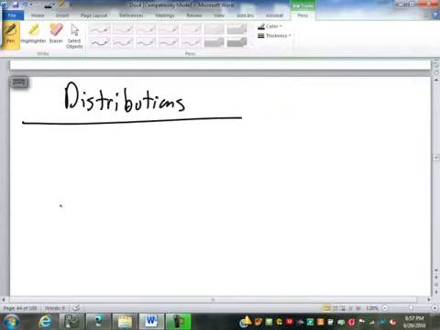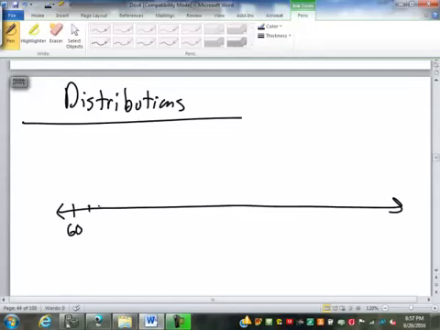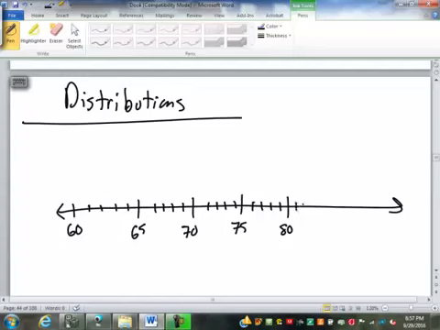And let's say that our range goes from, let's say that nobody ever scores lower than 60 on the first test. And because I run out of room, let's say nobody ever scores better than 90.